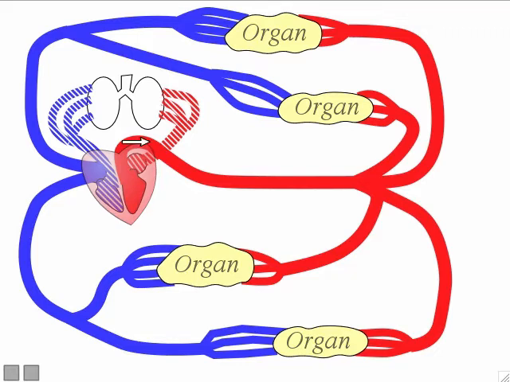Watch it here. Squirt. Well, in that one beat, the heart squirted out a certain volume of blood, right? And that volume of blood that the heart squirted out in that one beat is called the stroke volume. So it's the amount of blood expelled from one ventricle of the heart per beat.